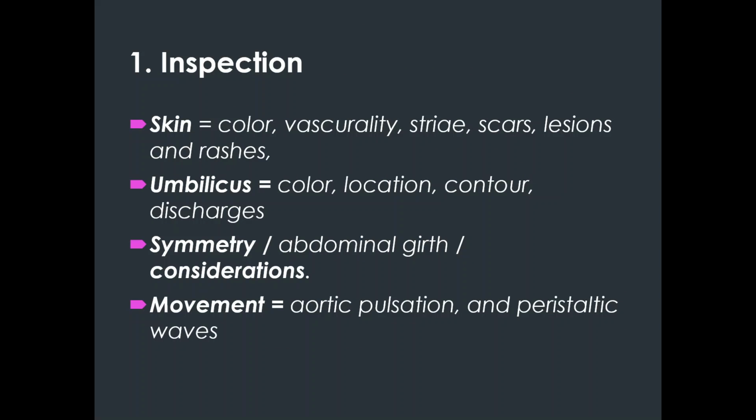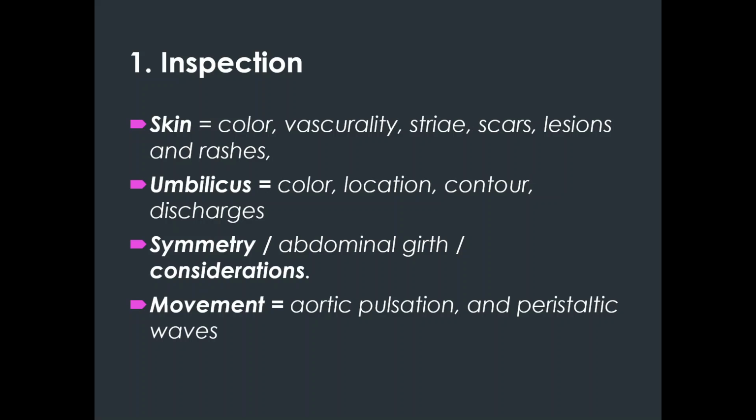Number 1, inspection. Inspect the skin of the abdomen: the color, vascularity, striae, scars, lesions, rashes, and other growths. You have to assess this integumentary part. Then the umbilicus: check the color, its location, the contour, and if there are discharges.